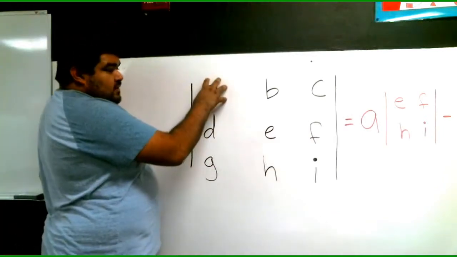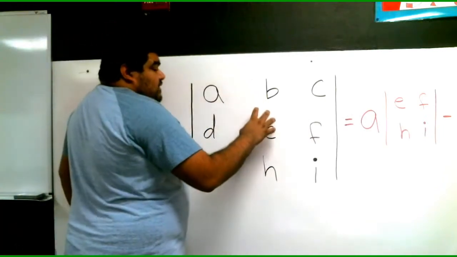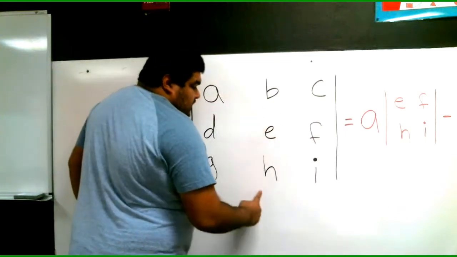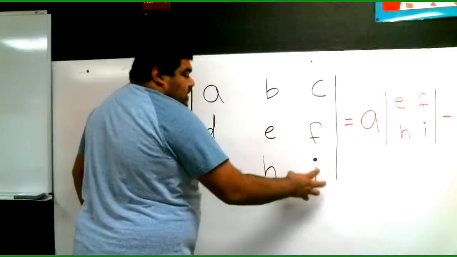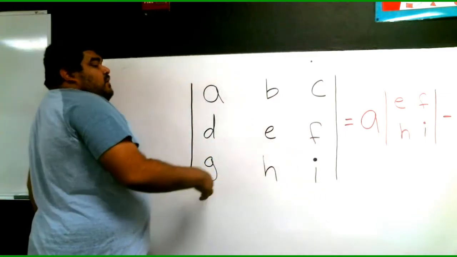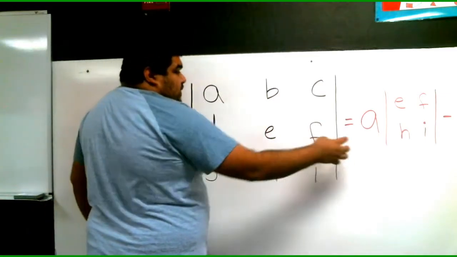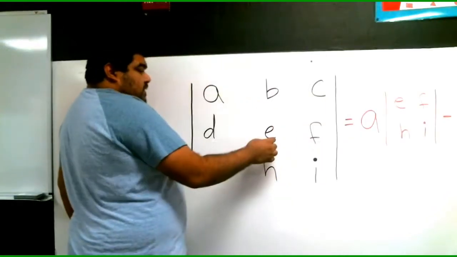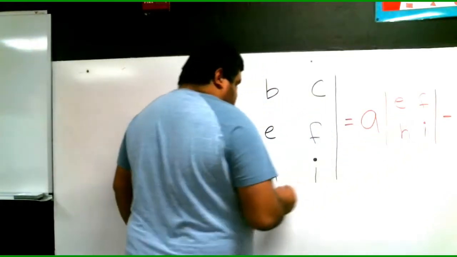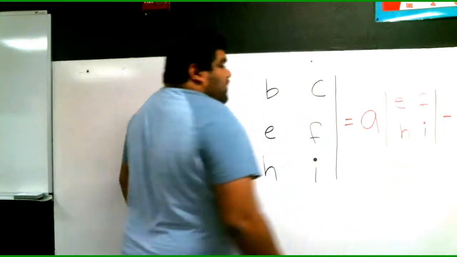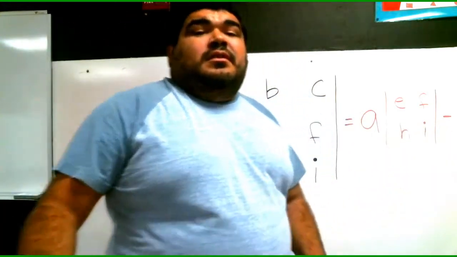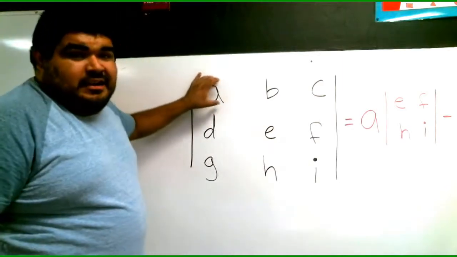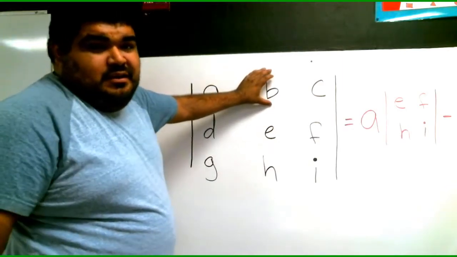We have A times this section here. So we have the first row, and then the second column and third column, okay? So we have A, then we have EF, HI, okay? Then we have a minus. Now we already used the A. The next one we're going to use is B. Okay? It's going to go like this.